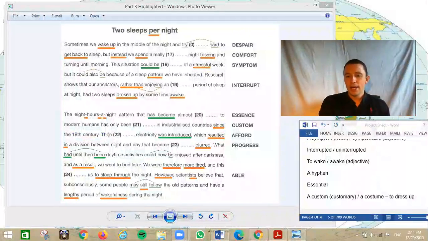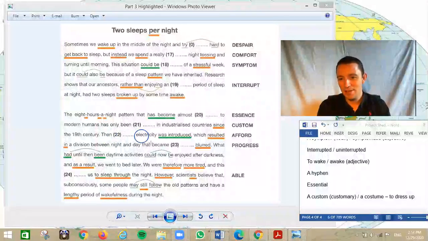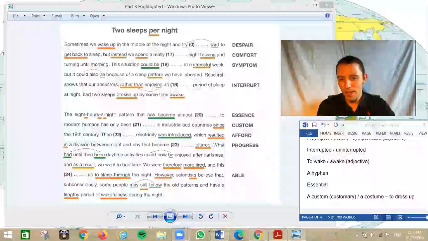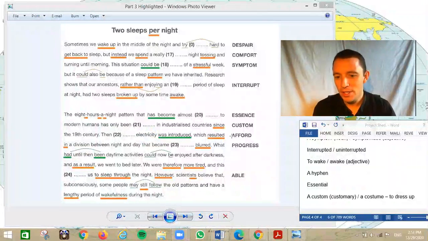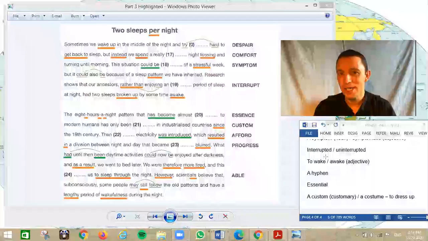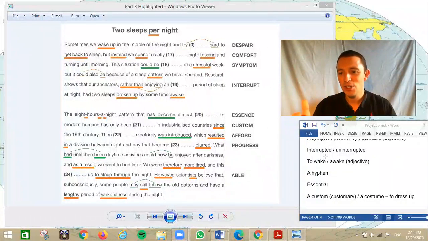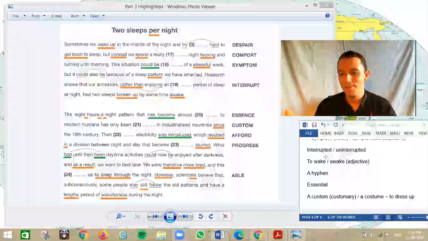Okay. Then is like entonces, no problem. Electricity is the substantive, and here's the subject of the sentence, no problem also. Afford is the verb, and it's related to money. So if you can afford a holiday, that means you have the ability to pay for the holiday. Okay, so afford is related to ability to pay.